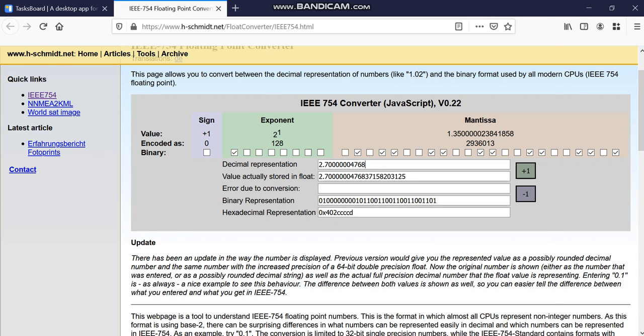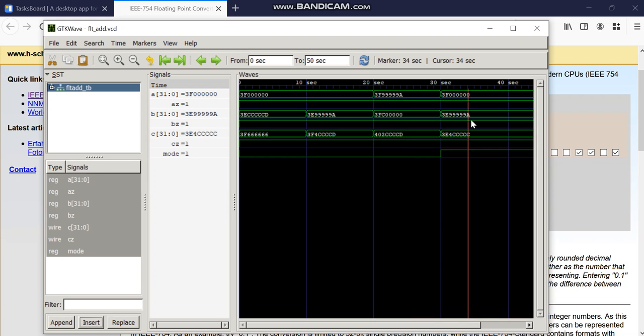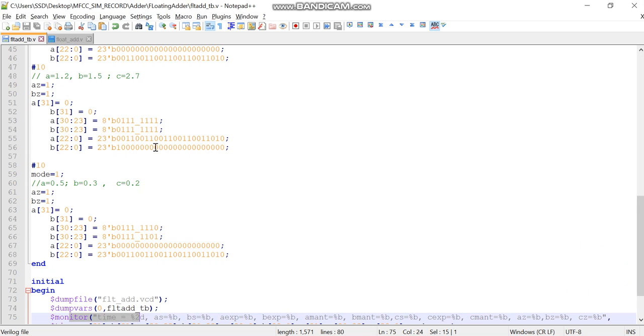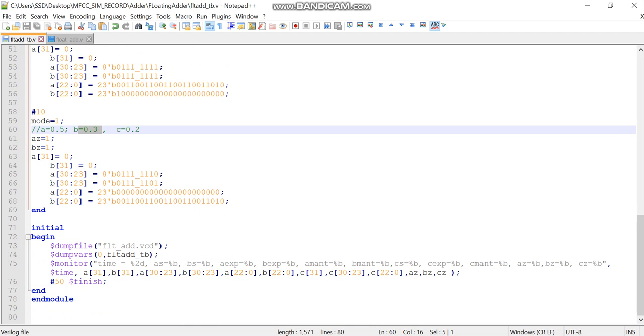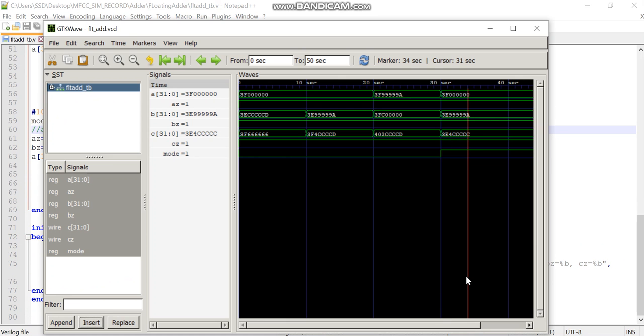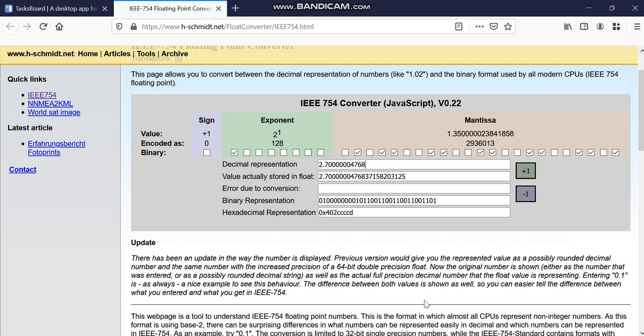This gives 2.7. And for the last set of inputs I have given mode as 1, which is subtraction. That is 0.5 minus 0.3, which gives 0.2. So let us check this hexadecimal value. So this is 0.2.